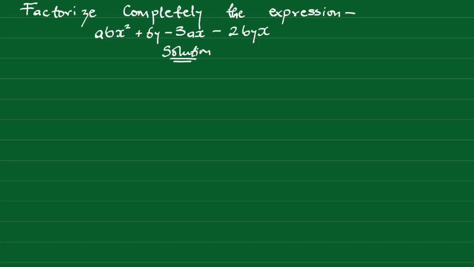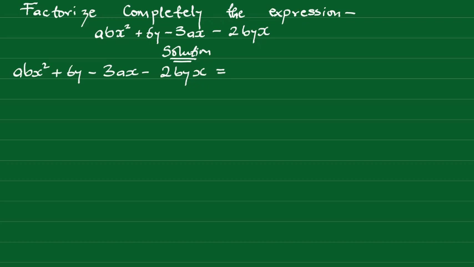Next, we copy out our expression: abx squared plus 6y minus 3ax minus 2byx. Now, in order for us to solve this, we collect like terms.